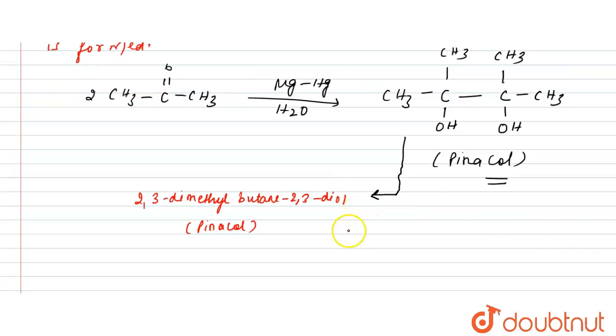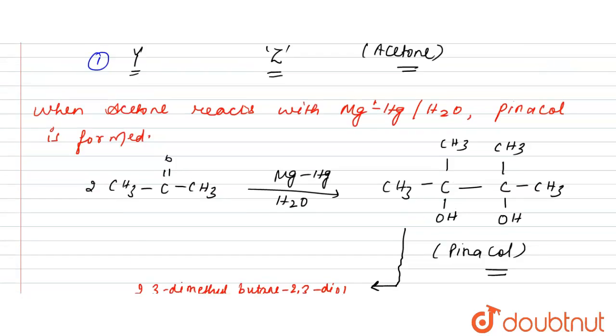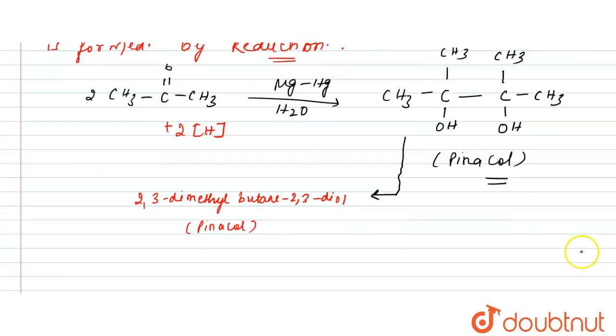This is the compound which is formed on reacting with MgHg. A reduction reaction is performed when acetone reacts with MgHg, and this way it reacts to give you the diol by the reduction process. I hope you have understood.